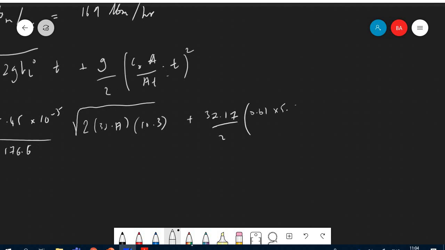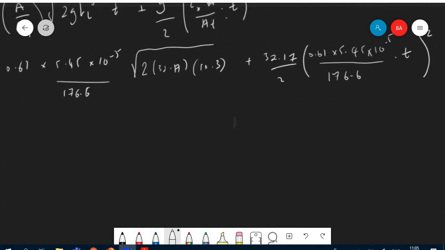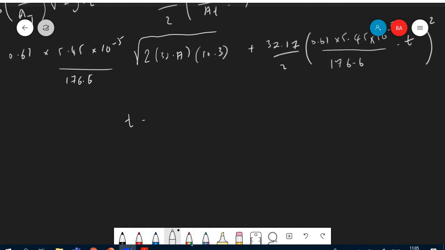I know that is a lot of writing here. Over 176.6 and then multiplied by T squared. If you solve for this, you find that T has two values. The first value is about 281 hours, which is about 11.7 days, and the other one is about 2082 hours. Of course the latter doesn't make sense, so this is the correct one: about 281 hours.